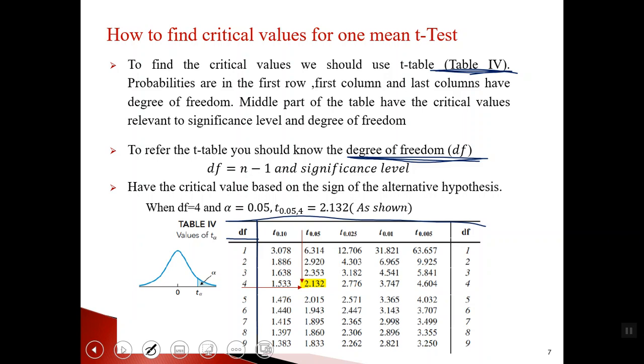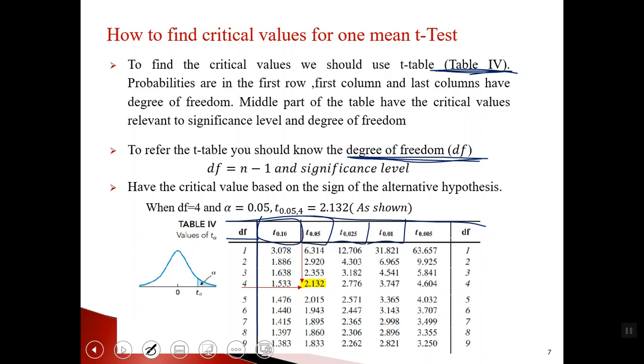Then the headings of the other columns are something like this: T 0.01, next one T 0.05. These are the significance level alpha values. T is just notation, so you consider only the value, not the T. In each column they have mentioned that particular alpha value.